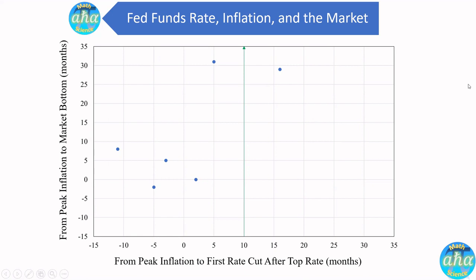Another thing that we note is that if we draw a diagonal from the lower left corner to the upper right corner, data points on this red line are basically where it takes the same amount of time from the peak inflation to the first rate cut as from the peak inflation to the market bottom. In other words, the market bottoms at the same time as the first rate cut.